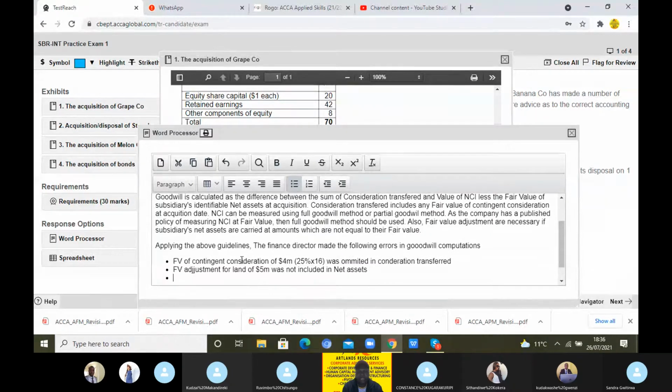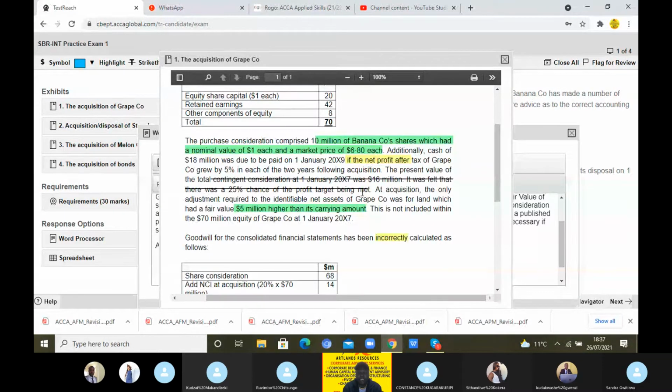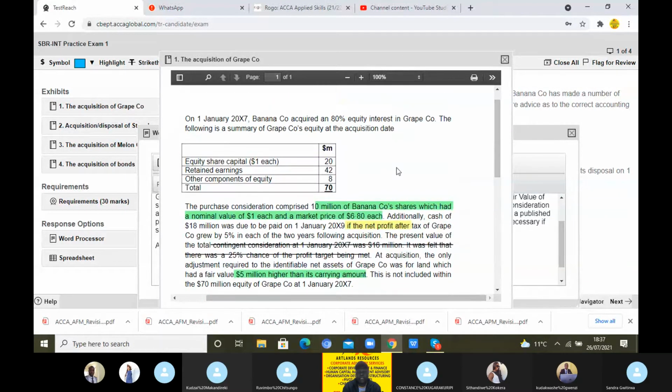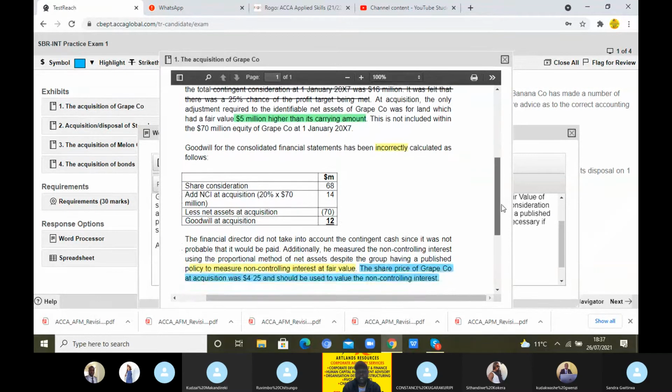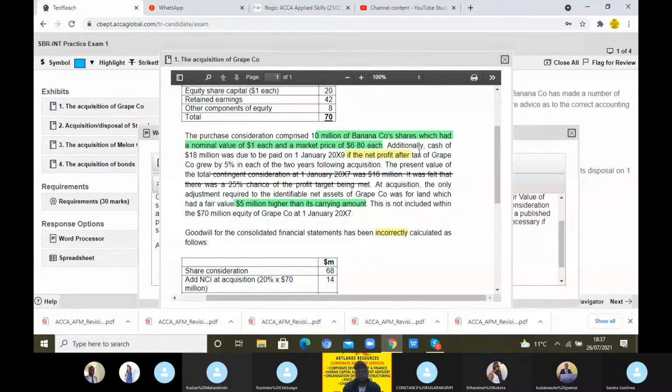What else? The other error was NCI was supposed to be measured at fair value. Now, the company established the policies to measure NCI at fair value. So what you do is you check Grape had 20 million shares, and we acquired 80%.